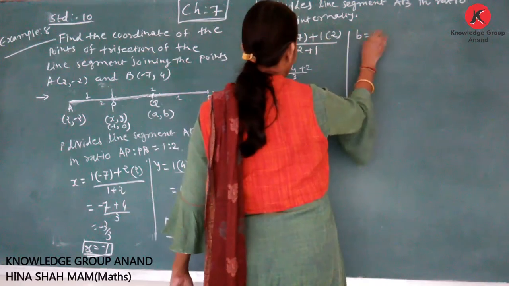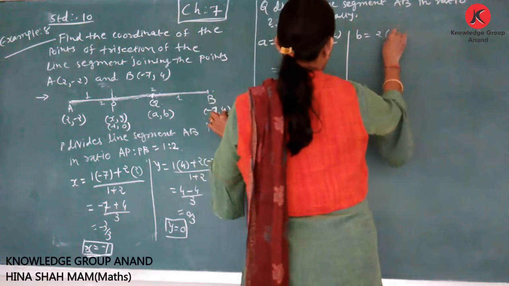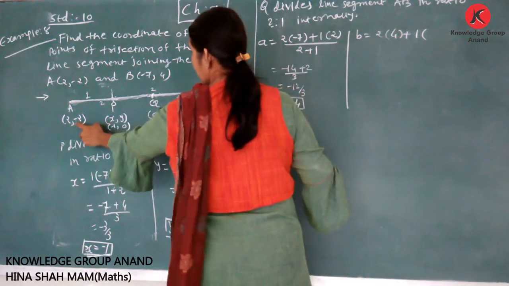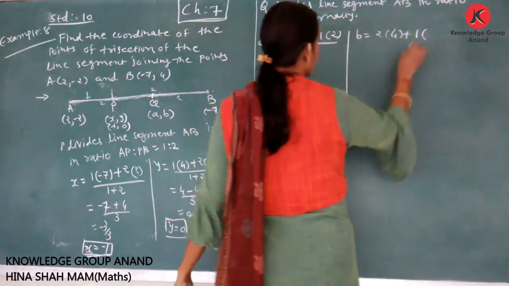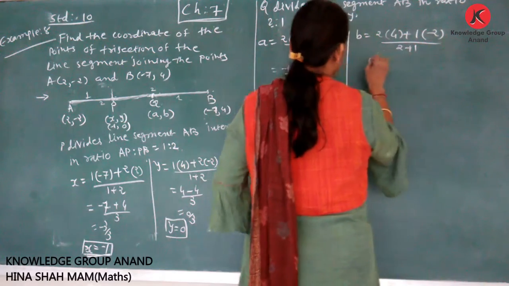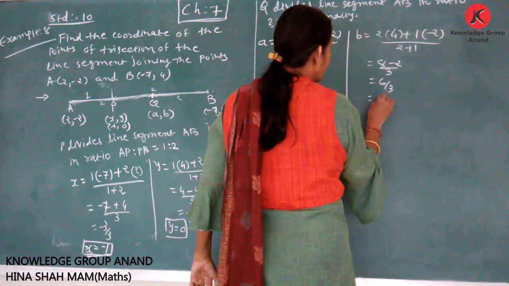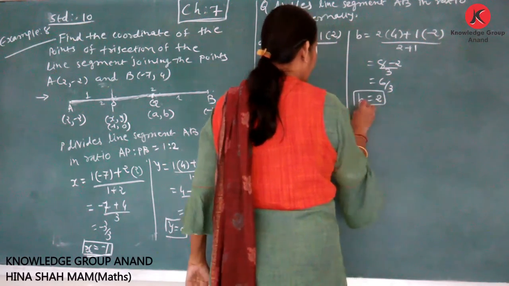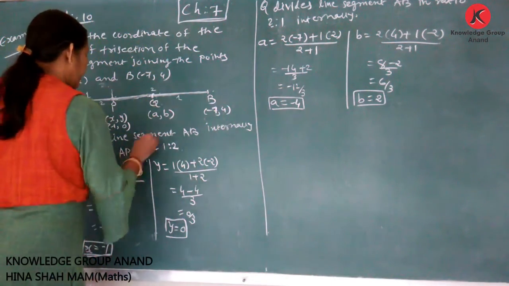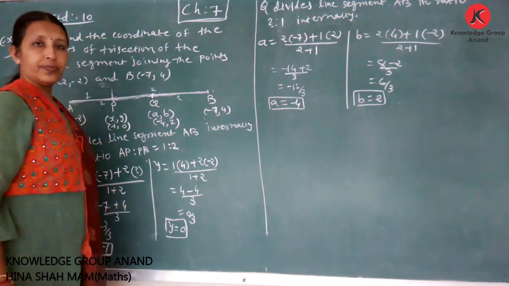We find here b, which is (m1 y2 + m2 y1) upon (m1 + m2), where y2 is 4, so 2 into 4 plus 1 into minus 2 upon 2 plus 1, equals 8 minus 2 upon 3, 6 upon 3, equals 2. The coordinates of Q are minus 4 and 2.